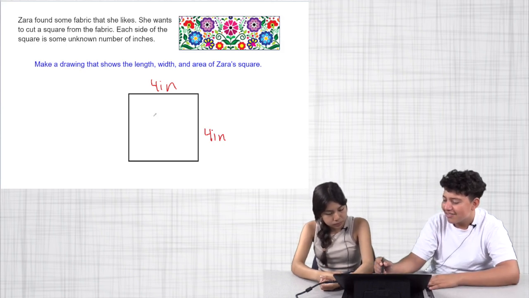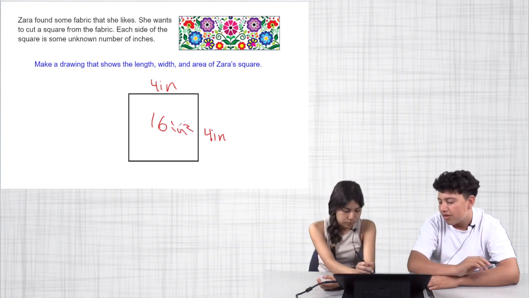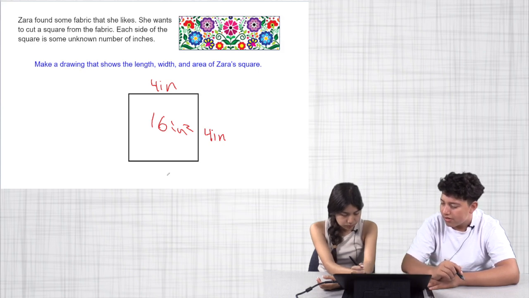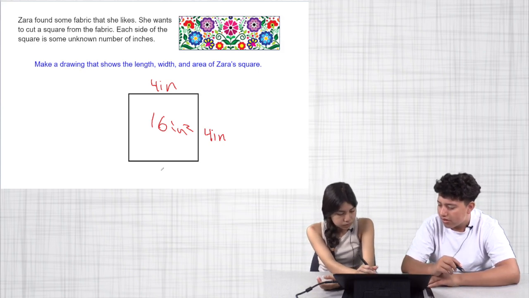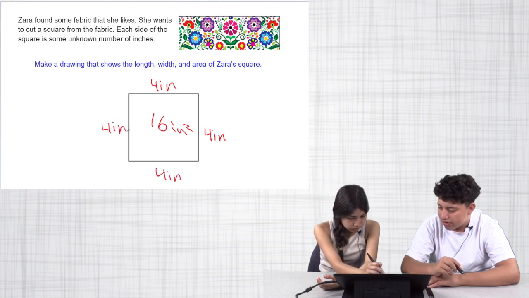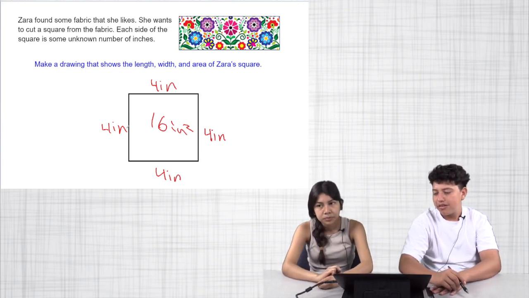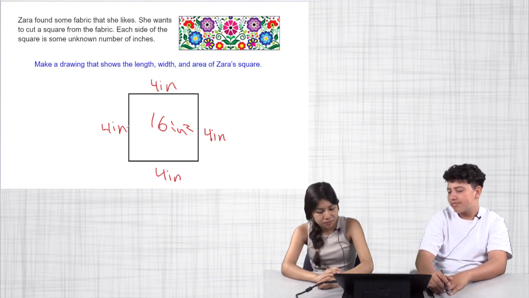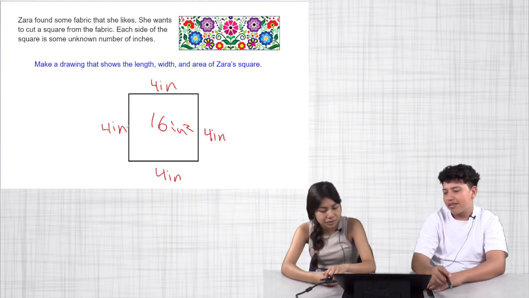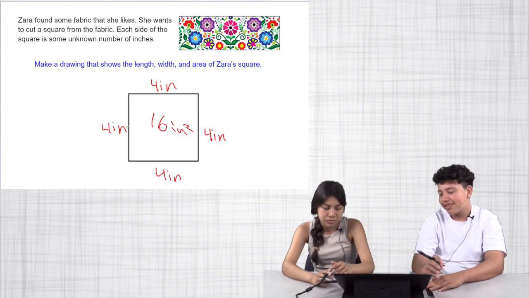And that's 16 inches. So tell me about that. That's the same as 4 squared. It's going to equal 16. And 16 is the area, and the 4 inches is the length and the width.